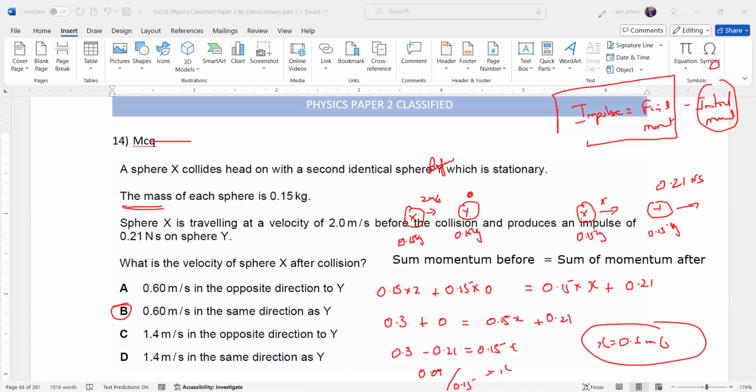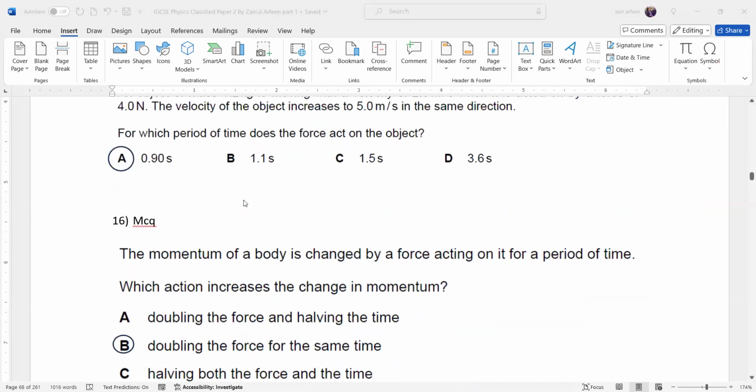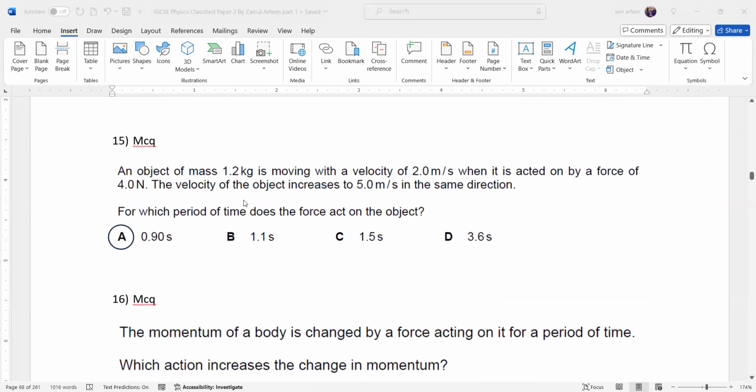So B will be the right answer. Then we have question 15. An object of mass 1.5 kg is moving at a velocity of 2 meters per second, is acted on by a force of 4 Newton. The velocity increases to 5 in the same direction.